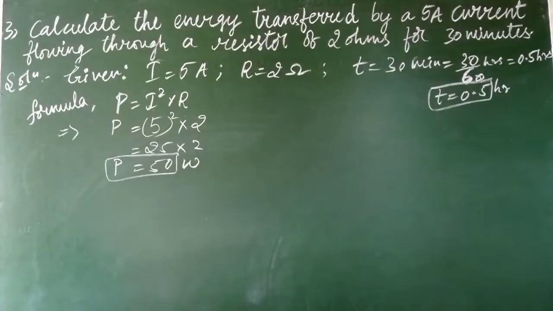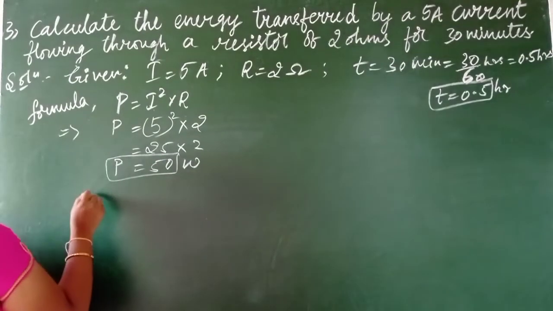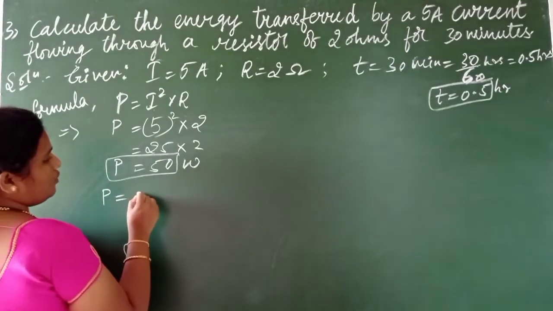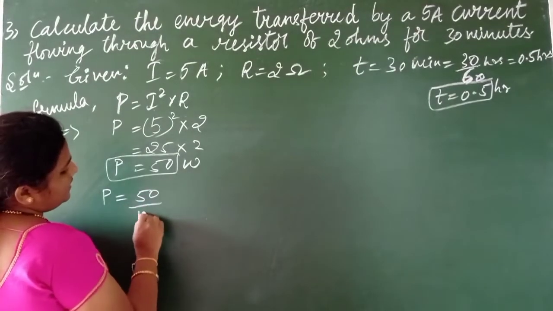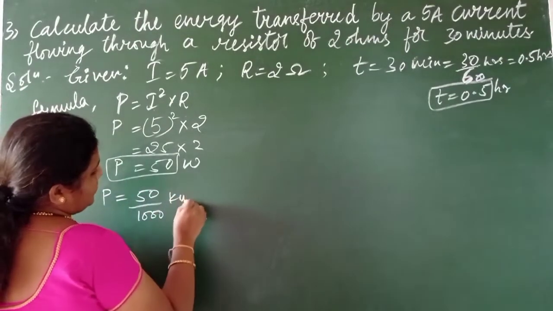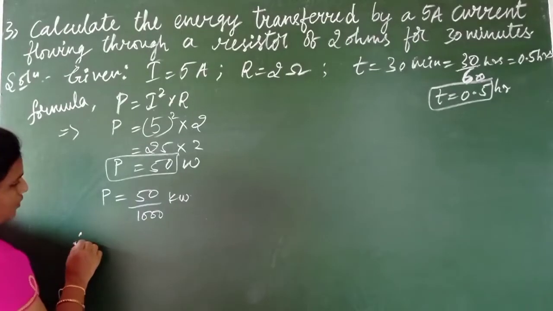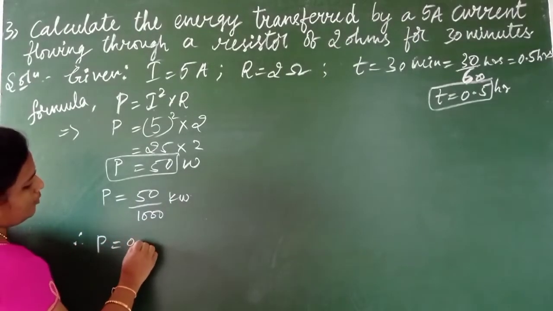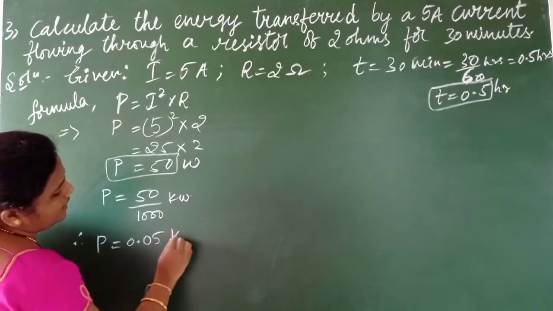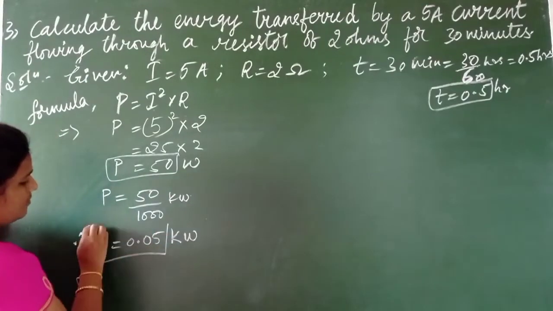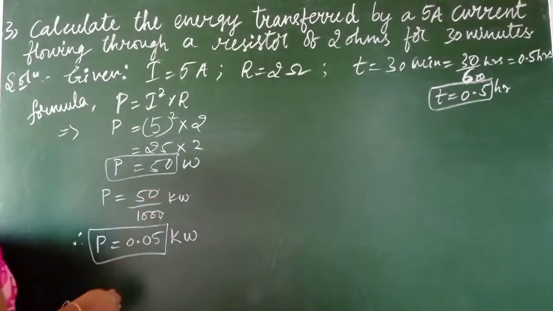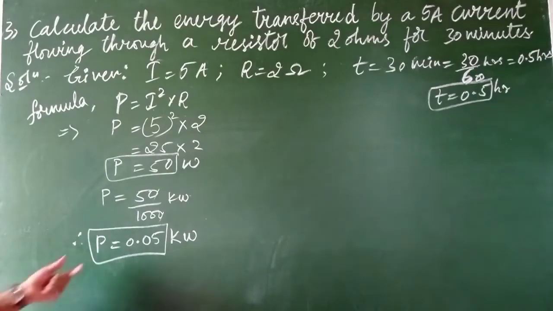We want it in terms of kilowatts. So P is equal to 50 divided by 1000 kilowatts. Therefore, P is equal to 0.05 kilowatts is the power value, isn't it?